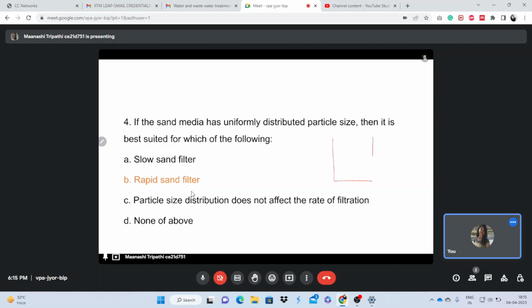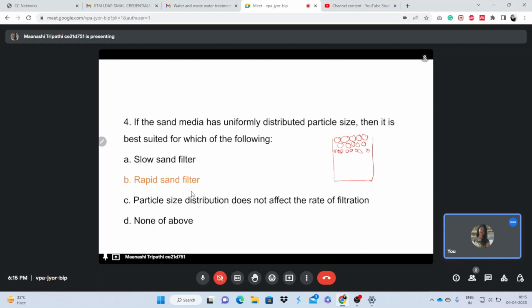You will put bigger particles at the top, a little smaller in the middle, and very small at the bottom. So here it is not uniformly distributed.